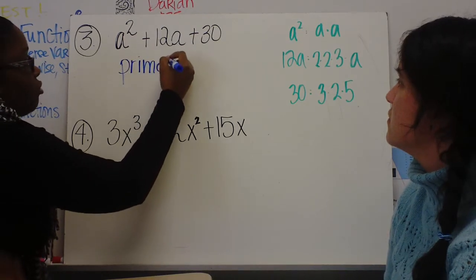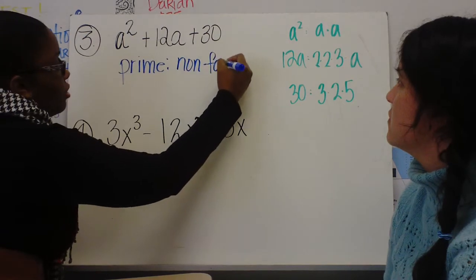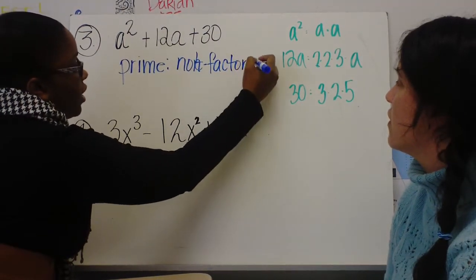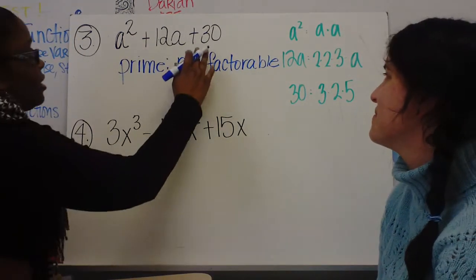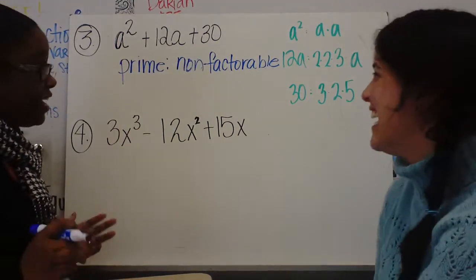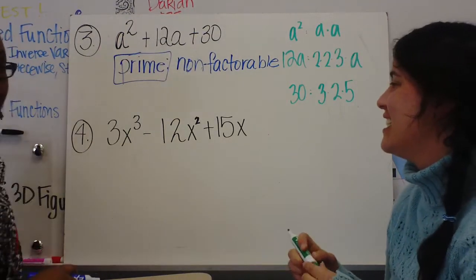And the definition of prime means it cannot be factored. Not factorable. Is that a word? I don't know. It can't be factored. Okay? So our answer would actually be the word prime.